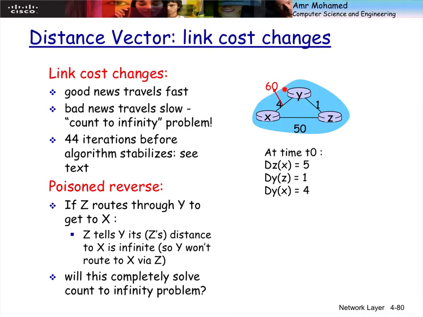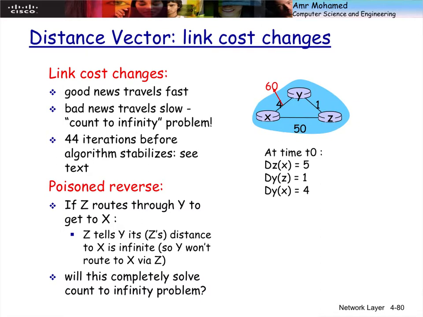So today we want to see the other case, when the link price becomes worse, and we need to prove that, unlike good news, which travels fast, bad news travels slow. We need to know how slow, and we need to analyze that and be able to calculate the number of iterations required to convey or spread the news amongst the network nodes for this new price.